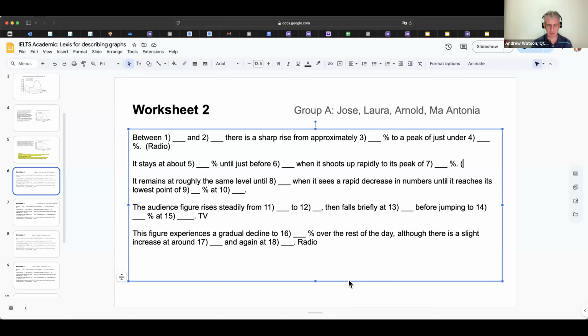Looks like TV, right? Yes, TV. Then, sentence 3: it remains roughly at the same level until it sees a rapid decrease in numbers till it reaches its lowest point. That would be radio.